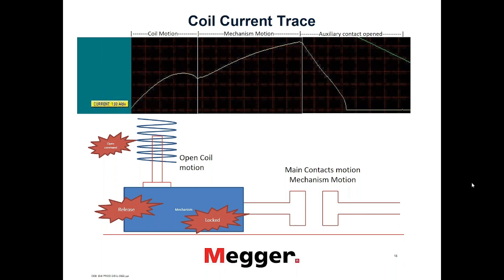Another question I'm having here is what is the main difference between first trip and conventional timing? Is it online testing? Yes, this is one of the main differences between them, that it's online. Conventional timing, you cannot do it online. You have to take the breaker out of service and connect to it and do all the measurement while it's out of service and isolated from the system.